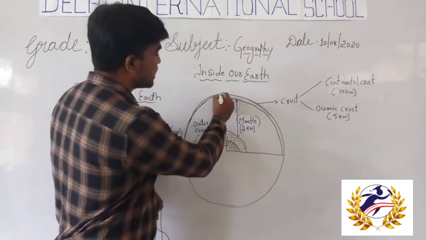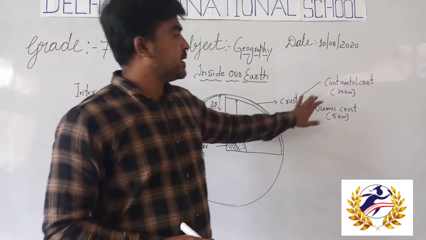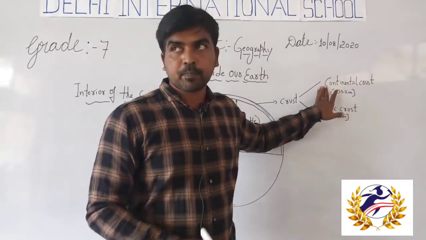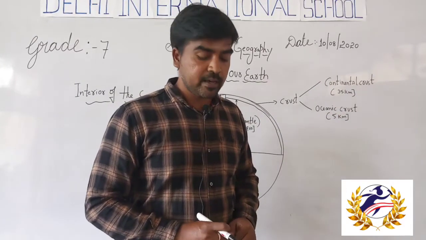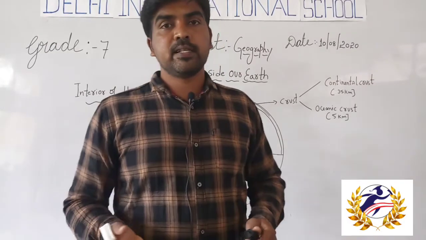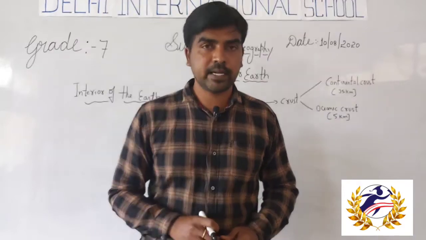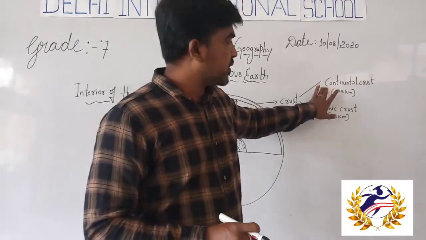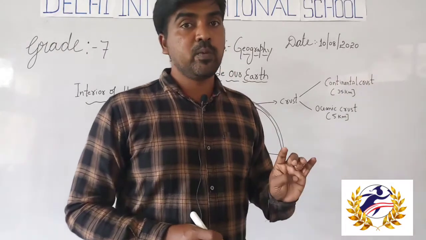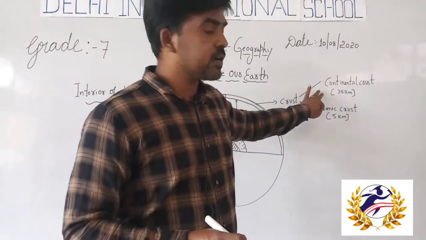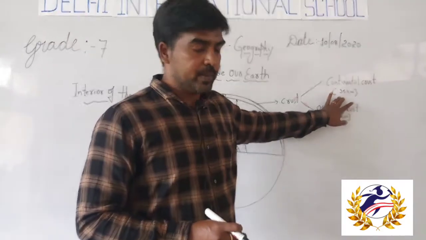It is made up of Sial, meaning silicon and alumina. Many minerals, naturally occurring substances, occur in planet earth. Like that, the continental crust is dominated by Sial, silicon and alumina.